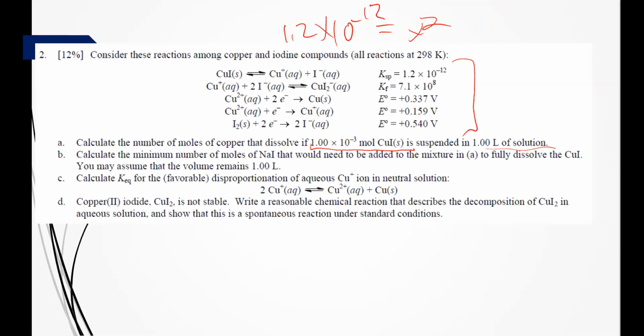So 1.2 times 10 to the negative 12, and we square root that. This becomes 1.095 times 10 to the minus 6, and that's going to be our moles per liter. All right, so if we think about the number of moles, then it's really just 1.095 times 10 to the minus 6 moles.